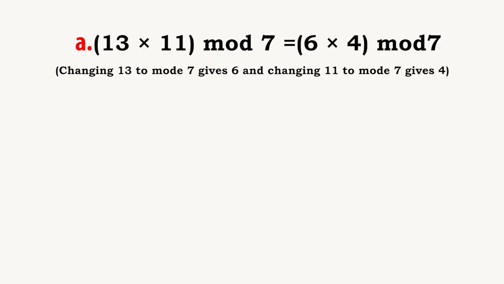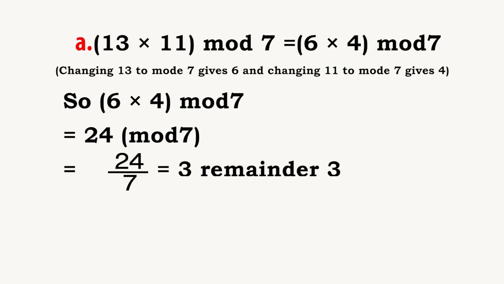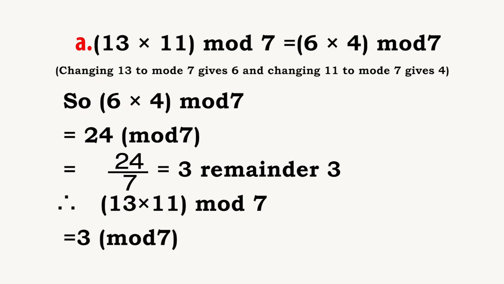When you divide 11 by 7, you get a remainder of 4. So the question becomes 6 times 4 mod 7. And 6 times 4 is 24. So we get 24 mod 7, and we have to reduce again. So we divide 24 by 7, and we get 3, remainder 3. Therefore, we say 13 times 11 mod 7 is equal to 3 mod 7.